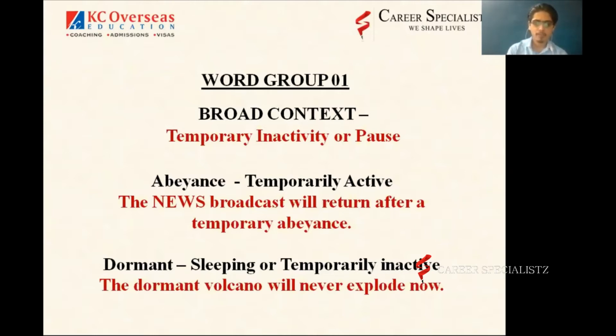You can have ab, and because abeyance sounds something like yawning, you can say ab plus yawn. You can relate it to a situation where the students in a class are yawning and the teacher gives a 5 minute break so that students can feel refreshed again. So that break time will denote the exact meaning of the term, that is, temporary inactivity.